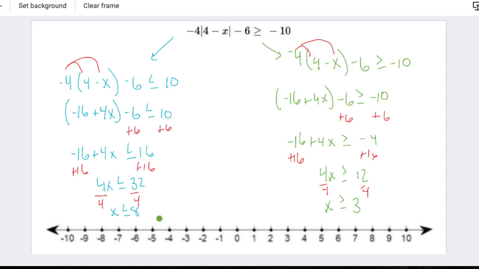So x is less than the larger number, greater than the smaller number, so this is an intersection. So again, we can just write it down as one inequality. Smaller number is 3, bigger number is 8. So lines under them, so they're closed circles at 3 and 8.